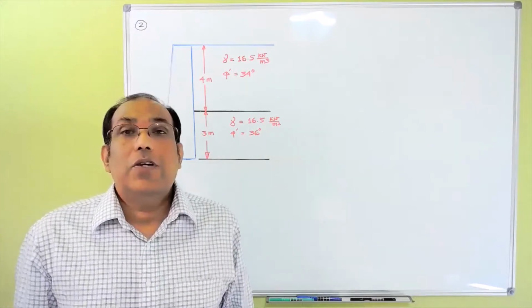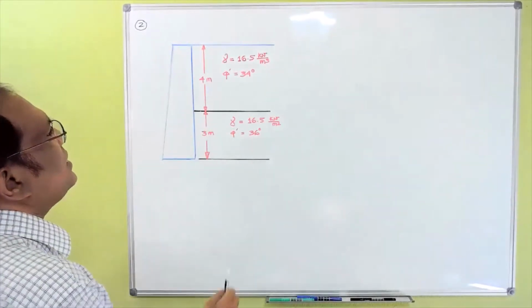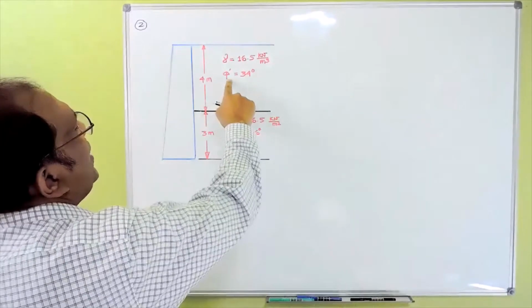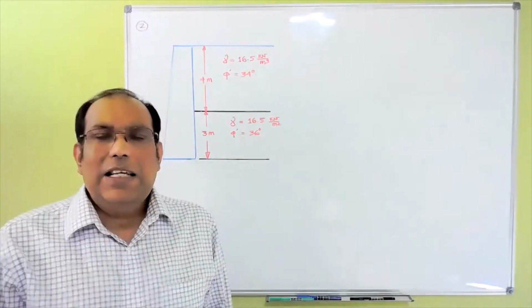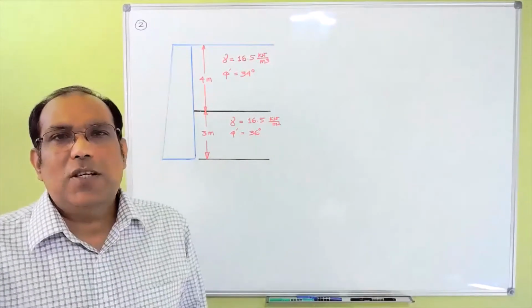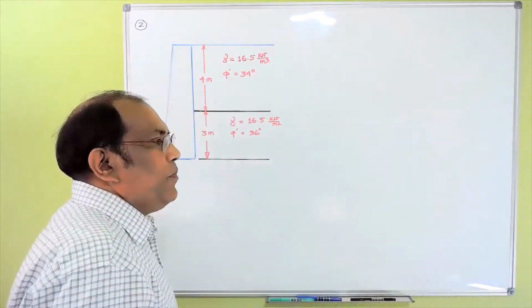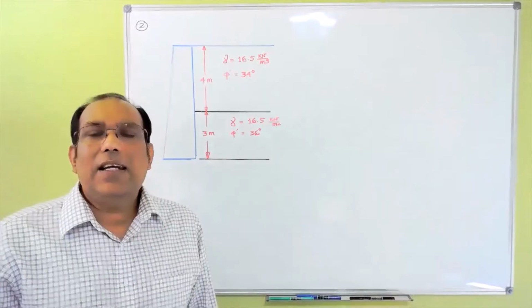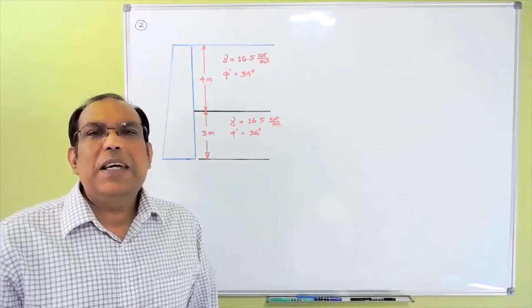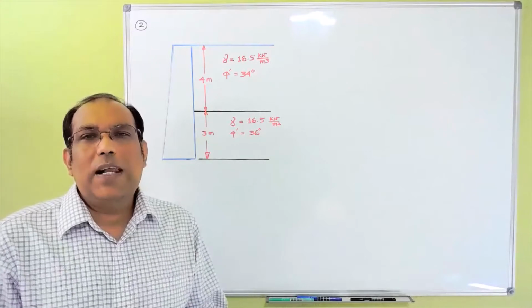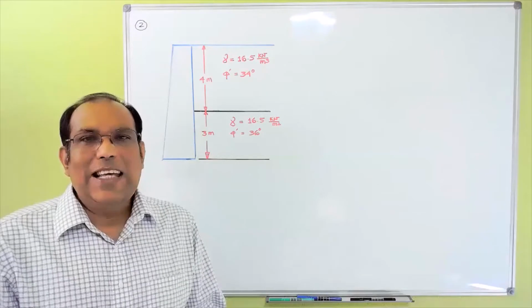To do that, you can see that phi has changed from here to here, so your active coefficient will change. They are saying smooth wall, which means there is no friction between soil and wall, which means you have to follow Rankine's method.